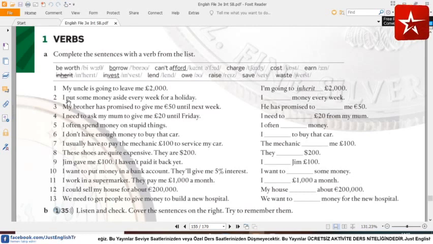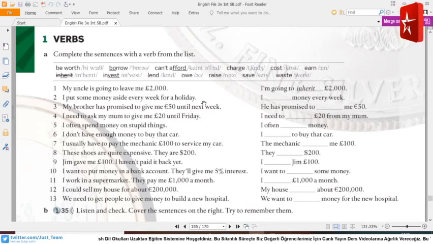And the next one, number 2. I put some money aside every week for a holiday. Guess the meaning of the sentence. For example, I work and I get $5,000, or maybe 5,000 Turkish liras.